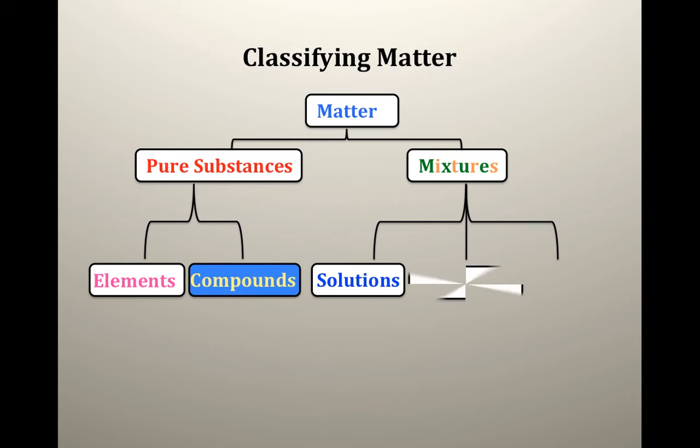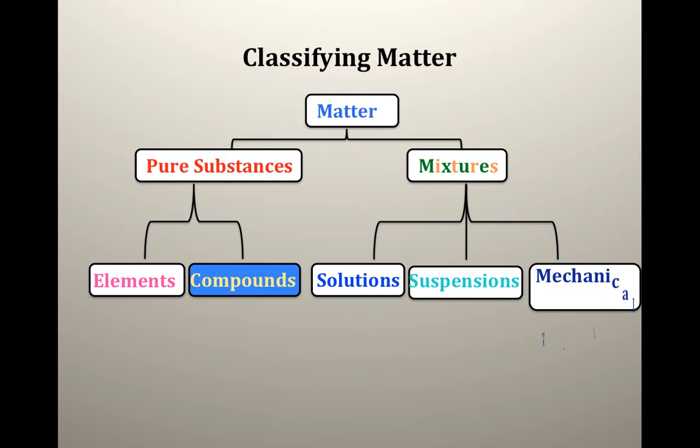Mixtures don't have a set chemical formula. They're made of more than one material, and these two or more materials do not chemically combine. So we have solutions, we have suspensions, things that happen at school from time to time, and we have mechanical mixtures.